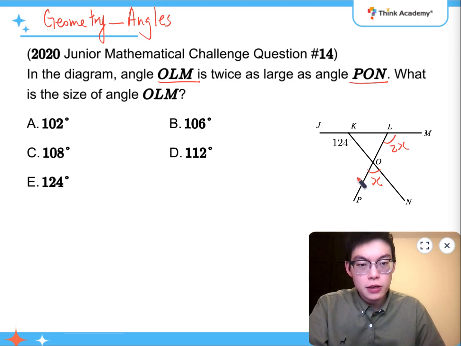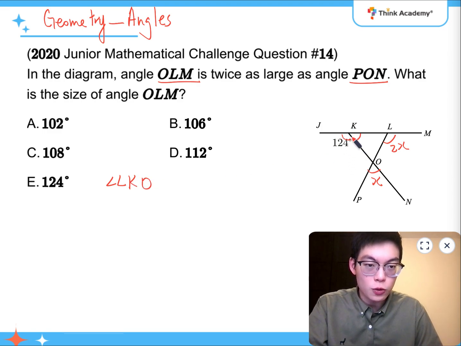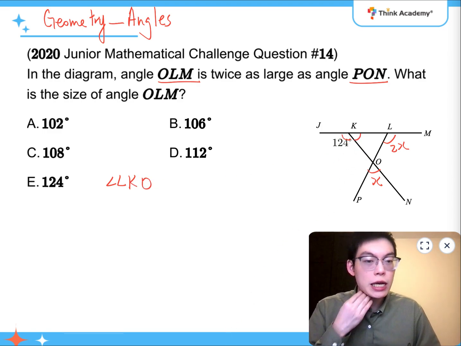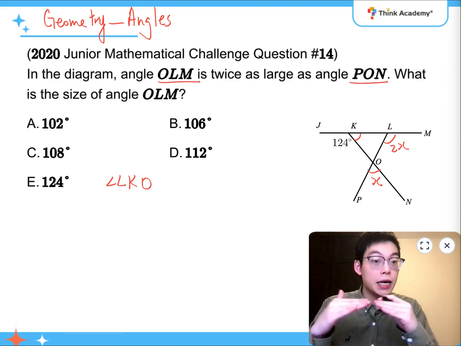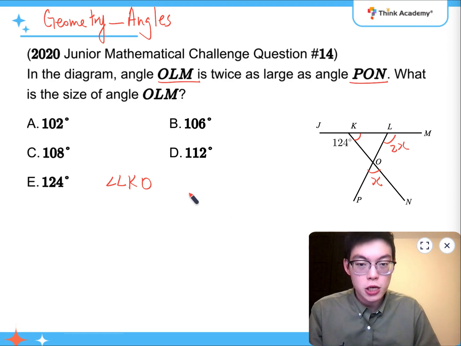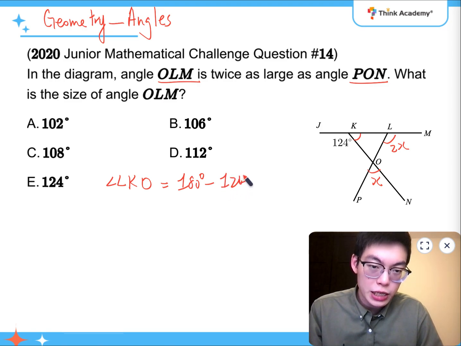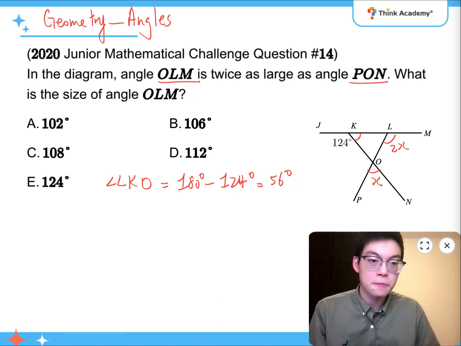Now I can definitely do something there. For example, I can try to find angle LKO. This angle LKO adding 124 degrees is 180, because they are angles on a straight line. So it is 180 degrees take away 124 degrees, which is 56 degrees.